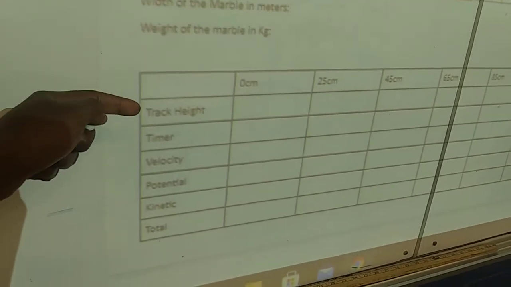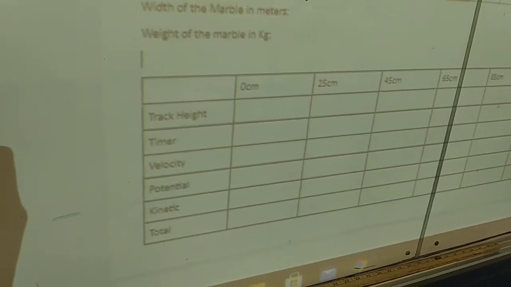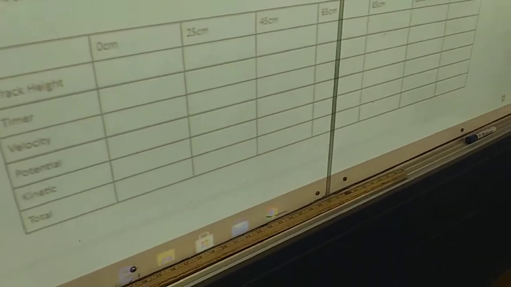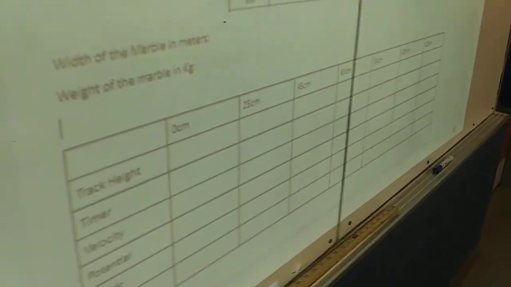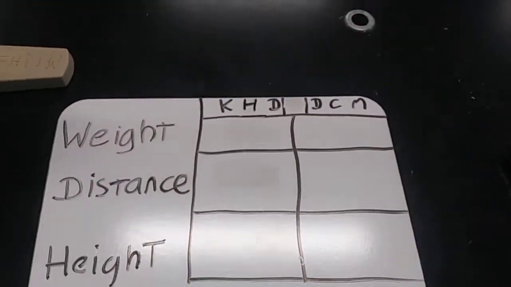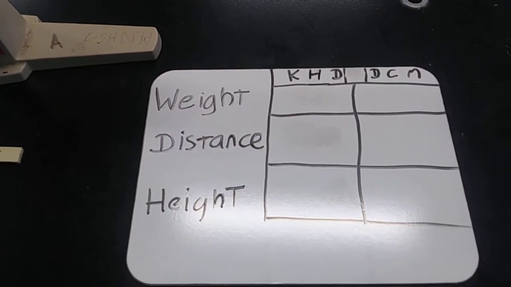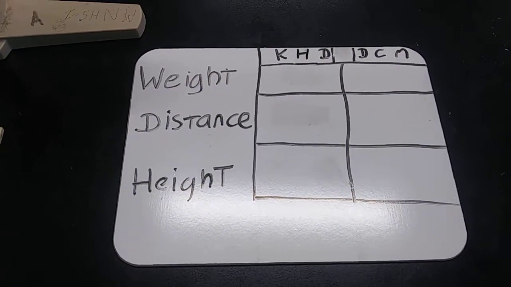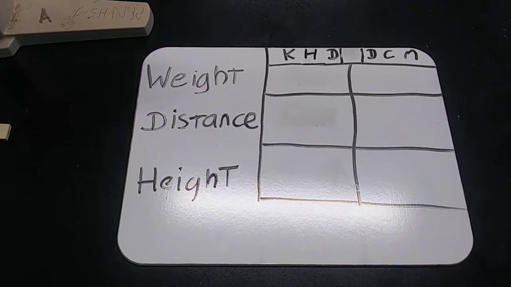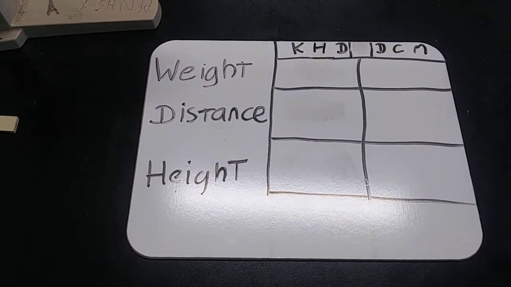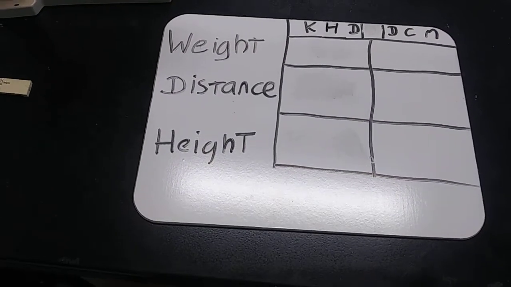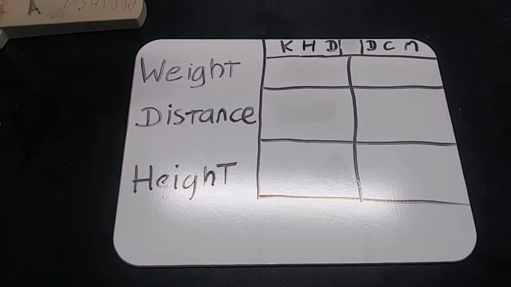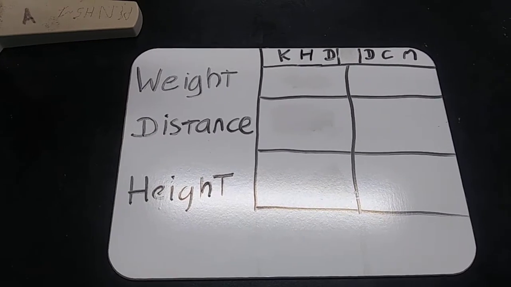Once you have these two rows complete, you'll then be able to go through and calculate the rest of the energy along the track. So, how do we do that? Well, one thing that's important to remember is that kinetic and potential energy are a measure of work. Work is measured in joules, and to calculate joules, we need kilograms for our mass, and we need meters for our distance, because we're going to measure speed in meters per second.